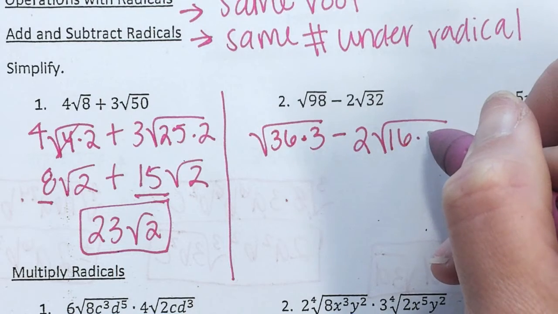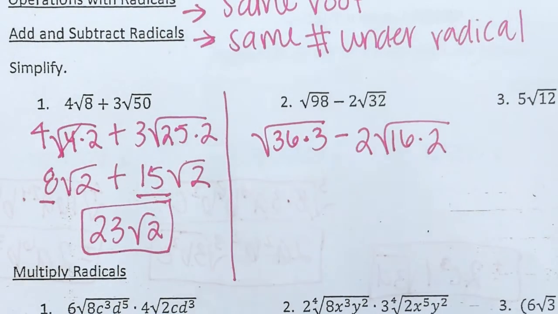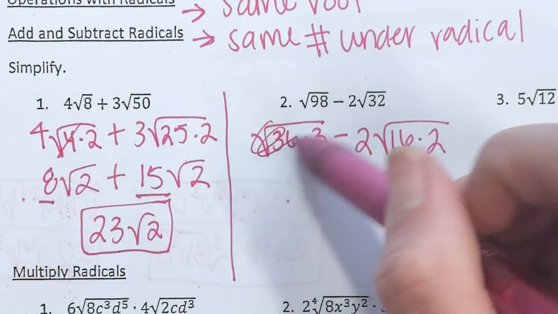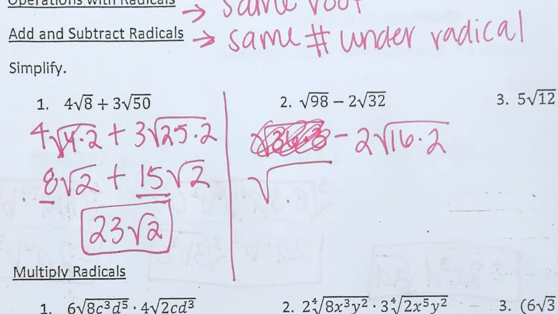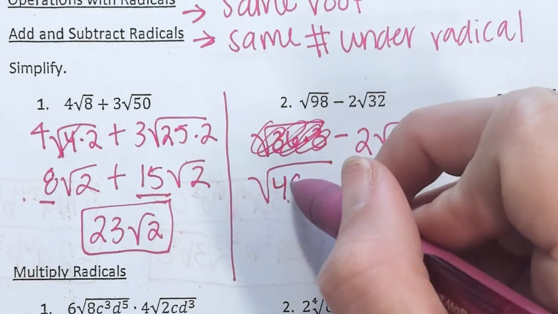Times what? 2. Very good. Alright, so 36 times 3, that would turn into what? That's not 98. That is not correct. Let's go back. I said 50. But, 48 and 2. What now? 49 and 2.